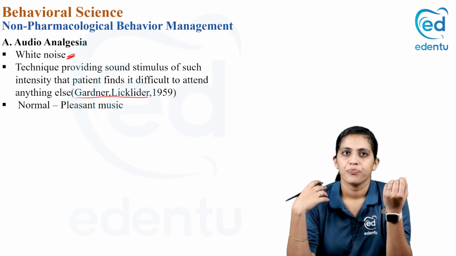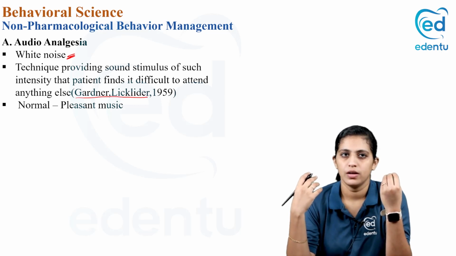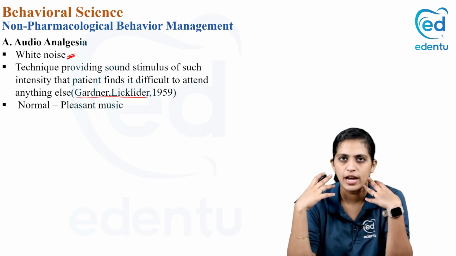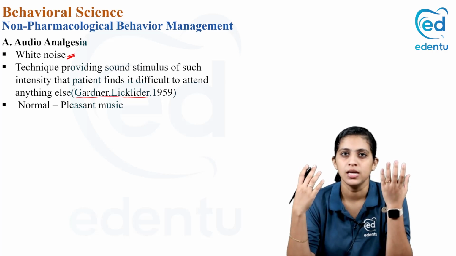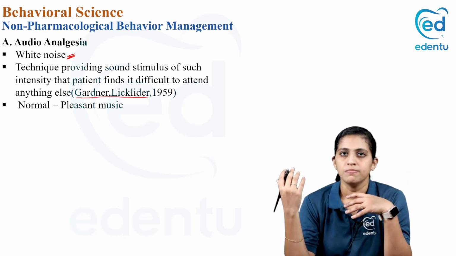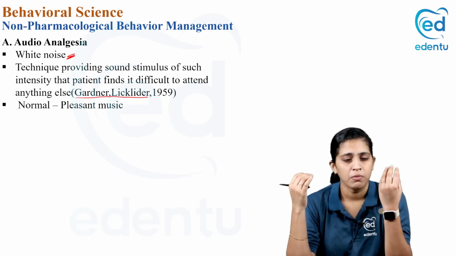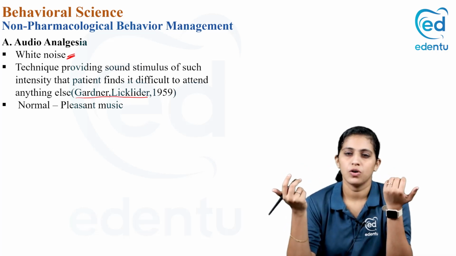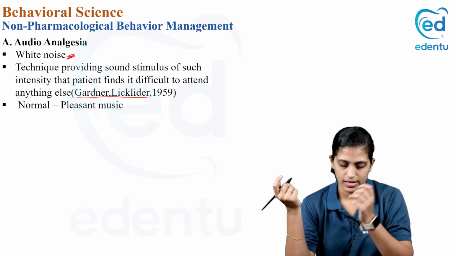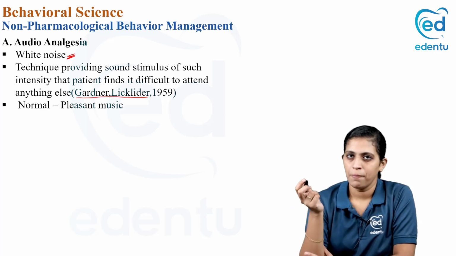This is high intensity and it masks the sound of the aerotor, etc. The child will not be able to concentrate on the sound of the aerotor or the air syringe because the sound is of high intensity. Normally, we play pleasant music.